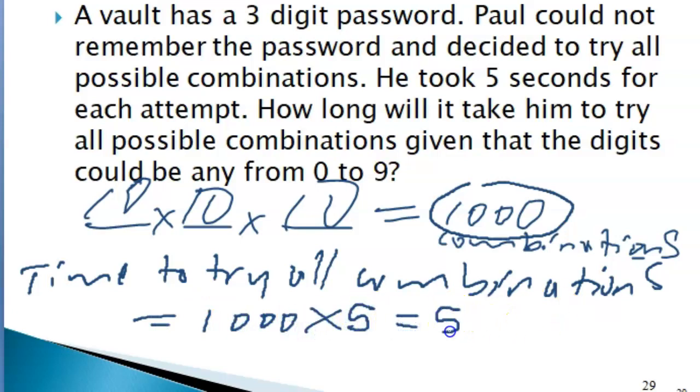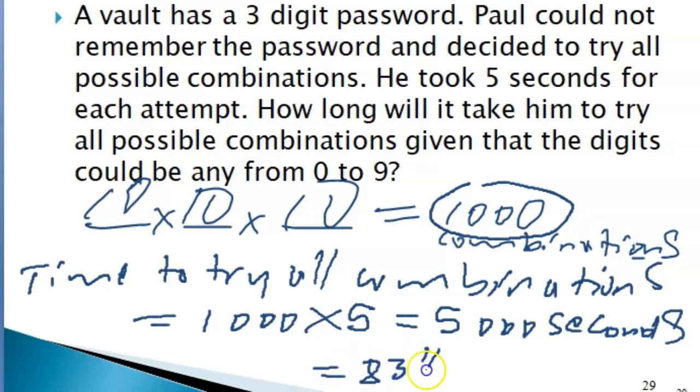That's 5,000 seconds. And of course, if you want to convert 5,000 seconds to minutes, we can divide by 60. So if we divide 5,000 by 60, that seems to be 83 1/3 minutes.